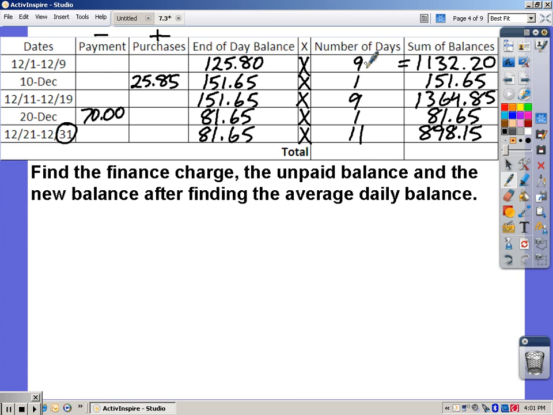So 10, 20, 20 plus 11, 31. Go ahead and add up the sum of your balances column. You should come up with 3,628.50.